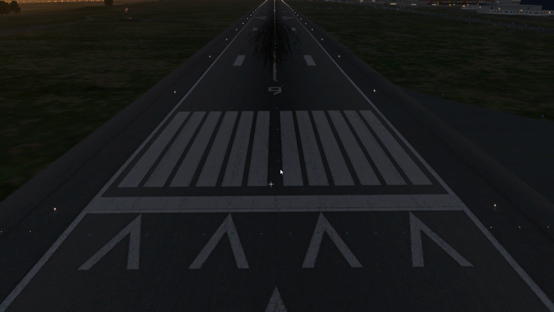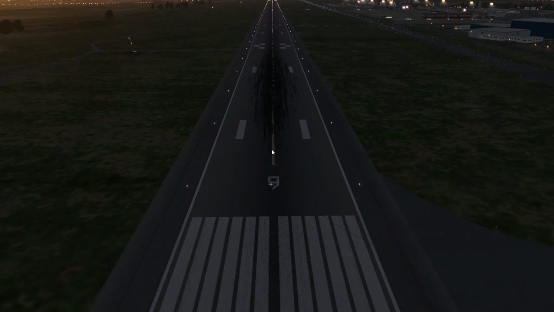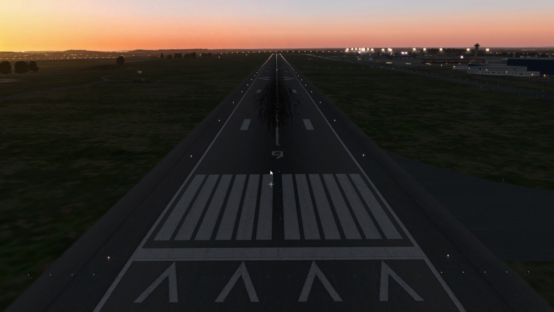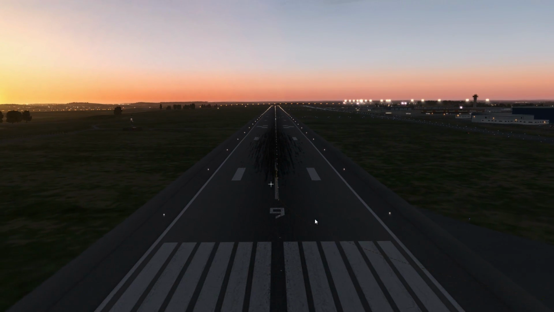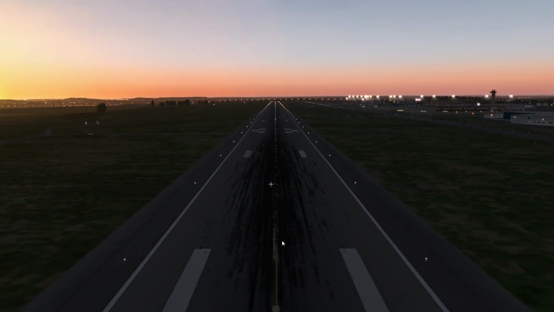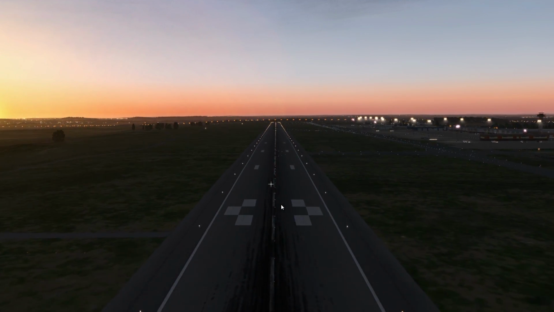I think 25, 50, 75, 100. Yeah, so every 25 feet we have a center light, and you'll see that those will change color. In fact, if you look carefully, you can see that they are changing color already. So let's run down this, and you'll see that these remain the same color all the way down the runway.